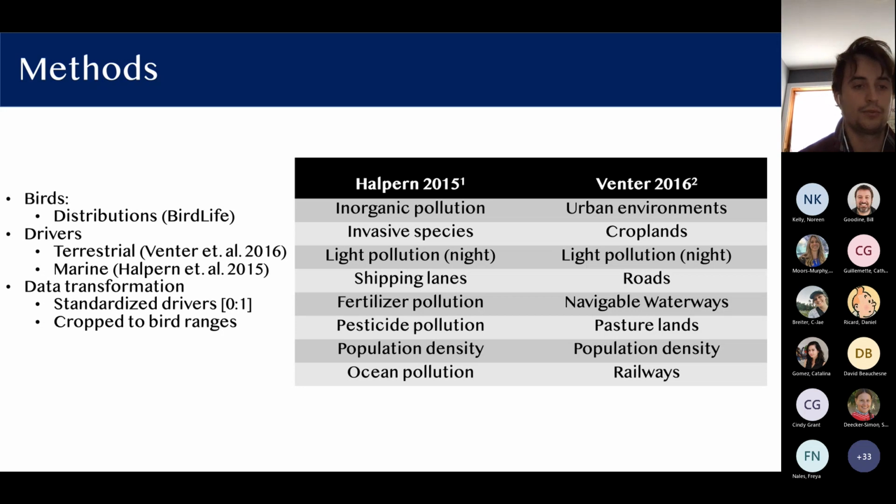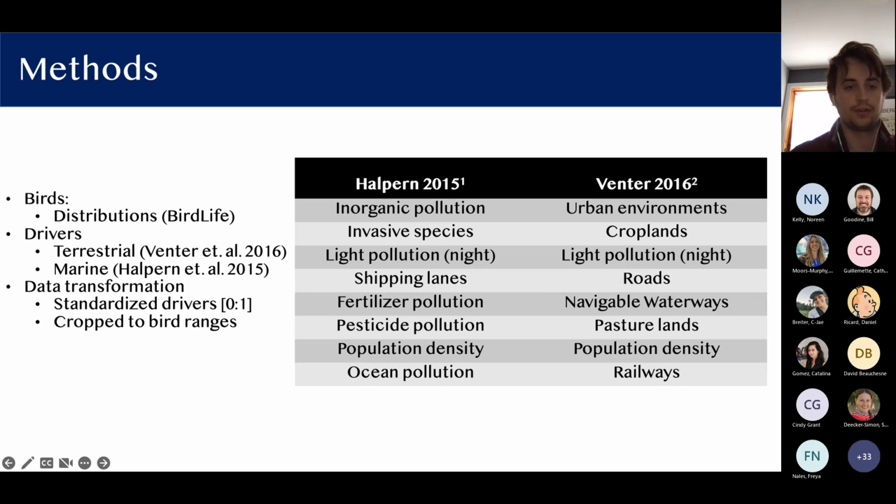And for drivers, we are looking at 2 different studies, terrestrial data from Venter. Here in this data table, you can look at the drivers that we're looking at specifically. And with Halpern that I presented before, we were focusing mainly on marine data.